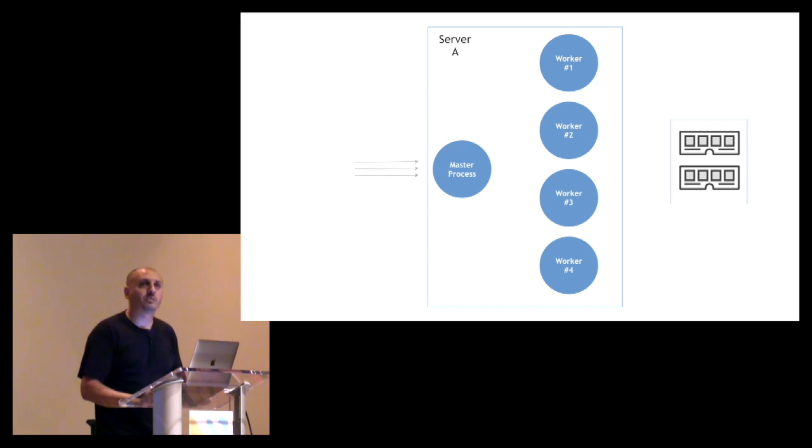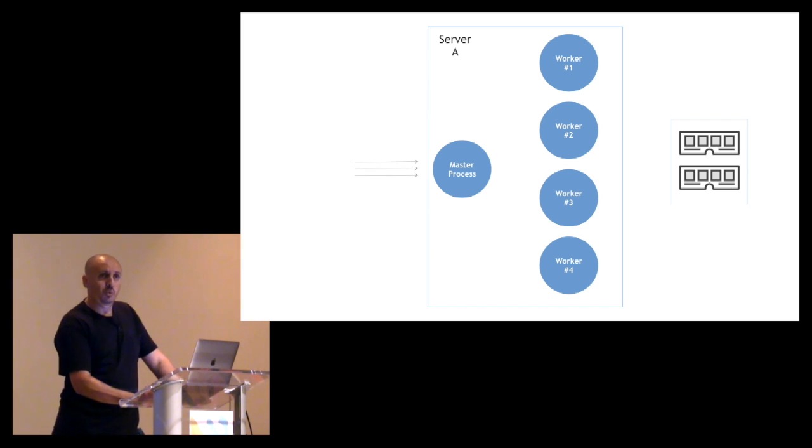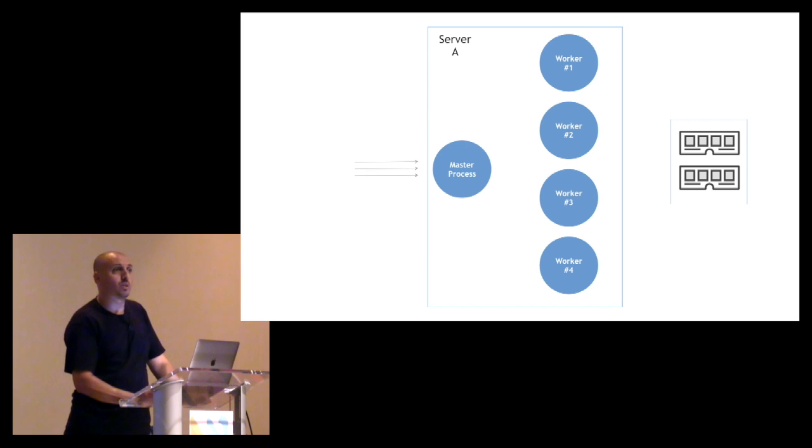So if you're using the cluster module, you want to be aware of that. And here's the thing. Many tools out there, for example PM2, use the cluster module by default, right? So if you're using PM2 in a multi-core CPU machine and you cache things in memory, you're just simply doing it wrong because some workers will not be aware of the other workers' memory.